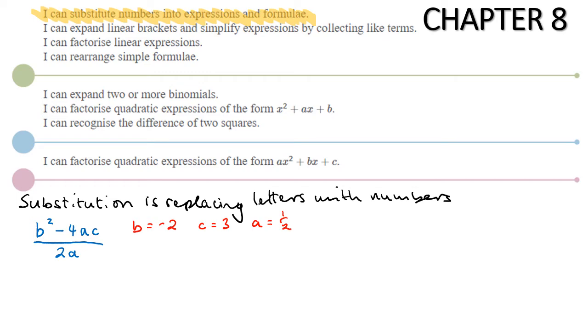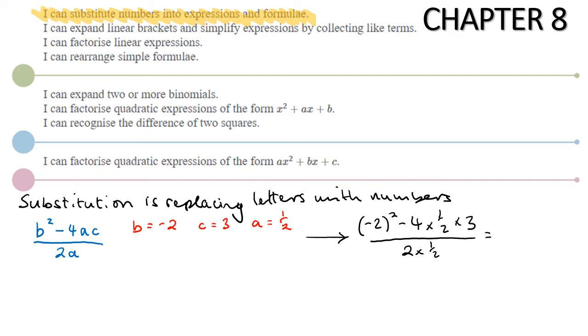Okay, so if I substitute those in, then what I'll get over here would be negative 2 squared minus 4 times a, which is a half, times by c, which is 3, all divided by 2 times a, which is 2 times a half. So I just need to work that out.